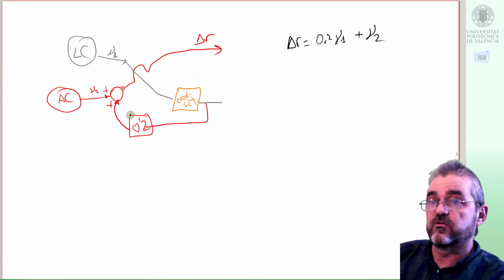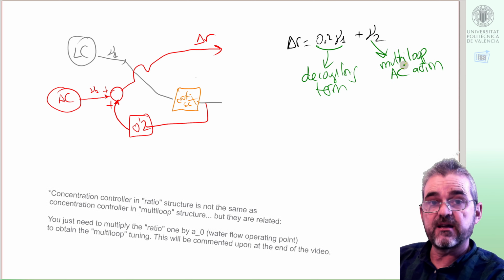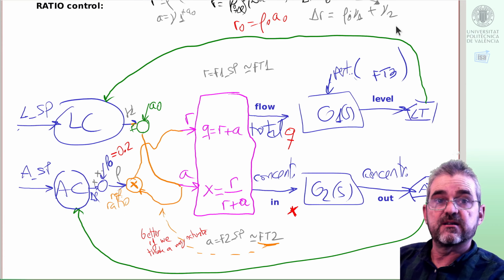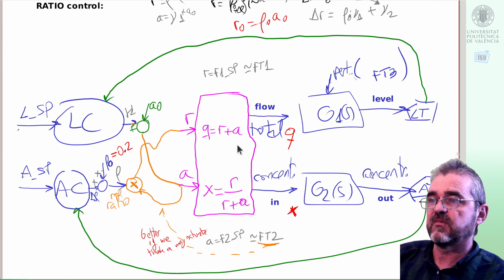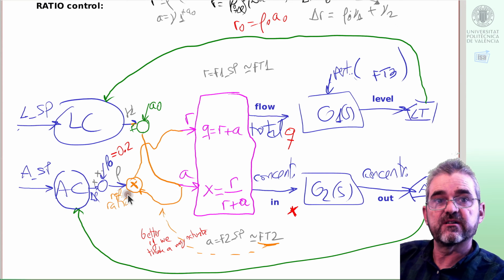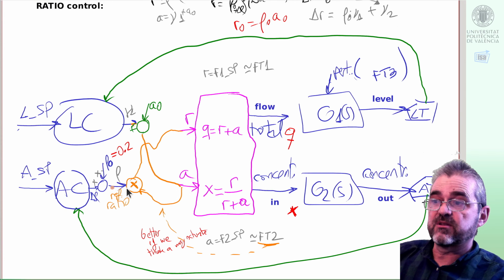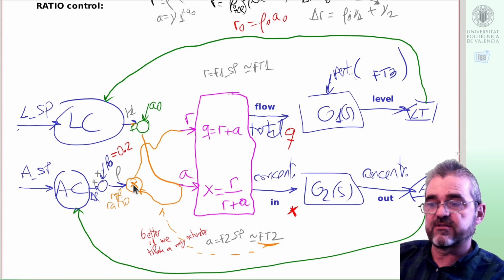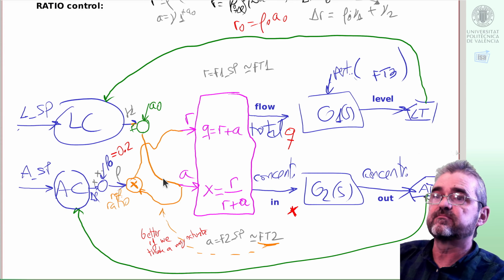So we conclude here by realizing that ratio control is a nonlinear control strategy that multiplies some signals, of course in absolute units, because ratio control cannot be done in incremental units, but the linearization of the ratio control has this form in which it resembles this incremental block diagram in which we have a decoupling term and a multi-loop term nu2.